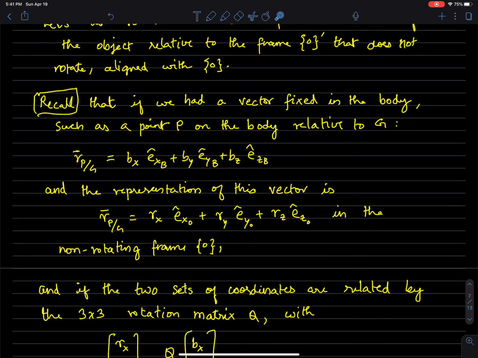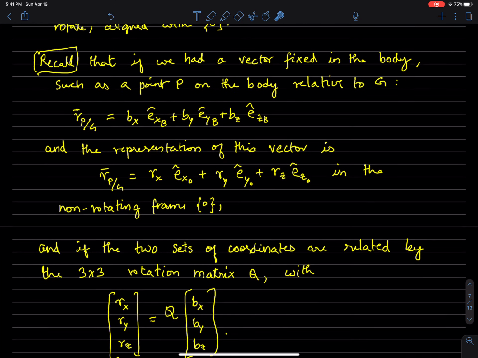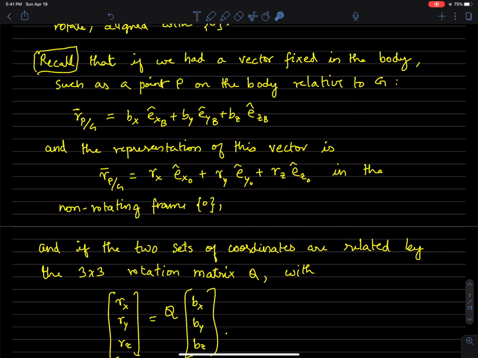So what we need to do is essentially write a differential equation for the rotation matrix that describes the motion of this 3D object, the orientation changes of this 3D object. Now, recall that we already did this a few lectures ago.